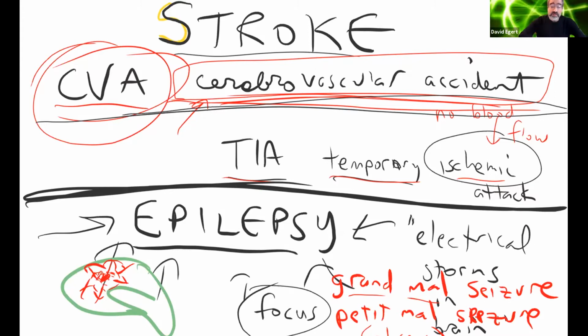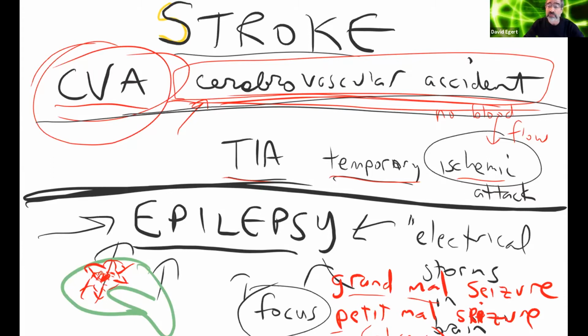So a petit mal seizure is an electrical storm, but the way it presents is just by the person being kind of awake, but yet unconscious. These often resolve as kids get older and the brain gets into its final wiring, they can just go away.